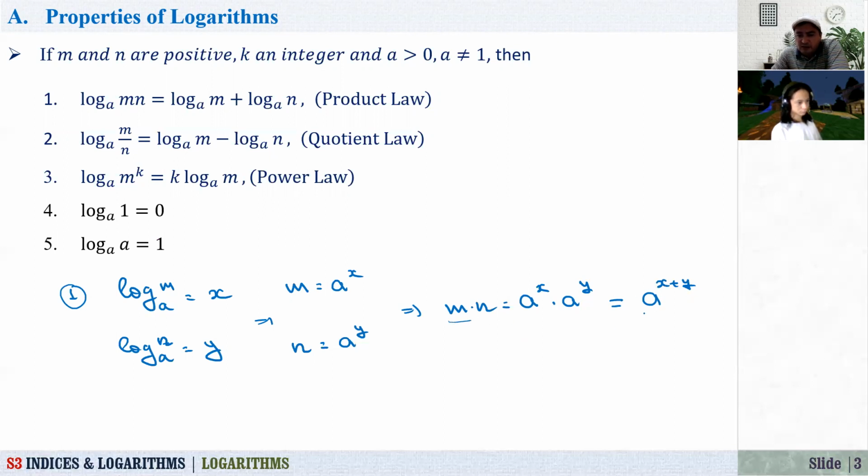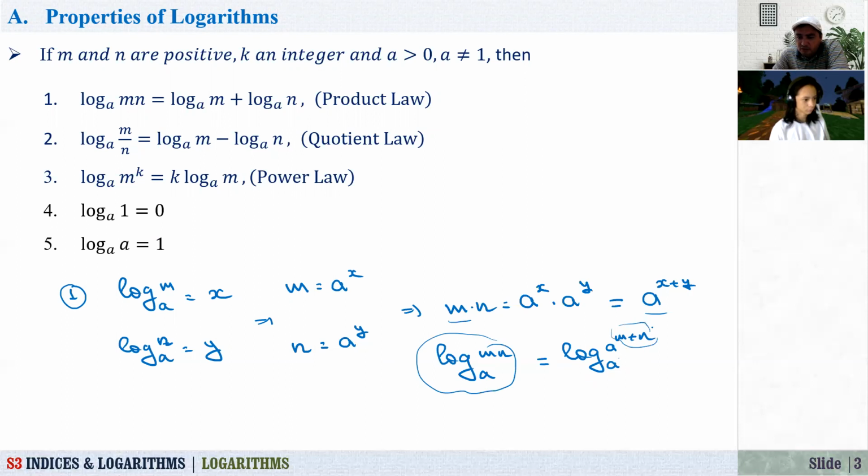Now if I take the logarithms of both sides to the base a, what happens here? On the left-hand side, we have the logarithm of m times n to the base a. On the right-hand side, we have the logarithm of a to the power of x plus y, to the base a. The exponent x plus y just comes to the front, so here we have just x plus y.